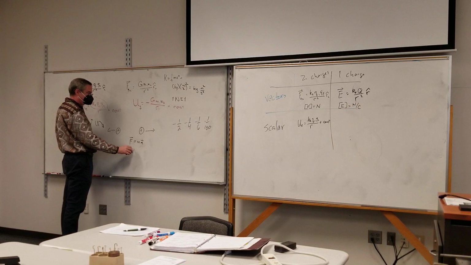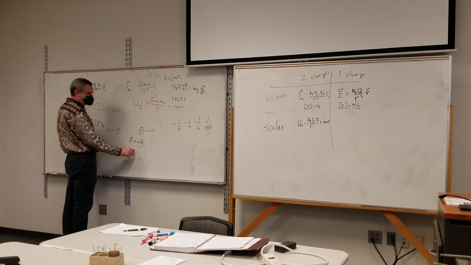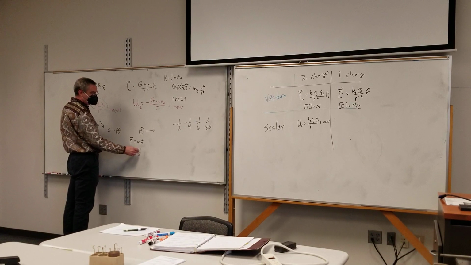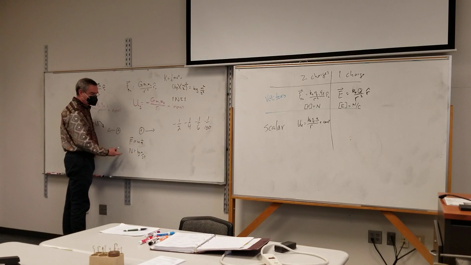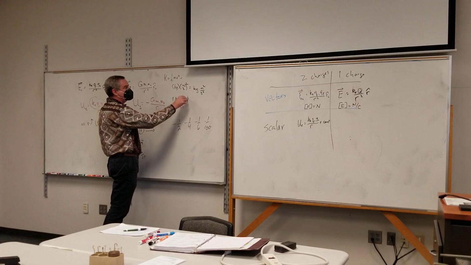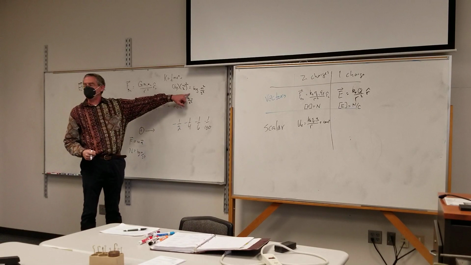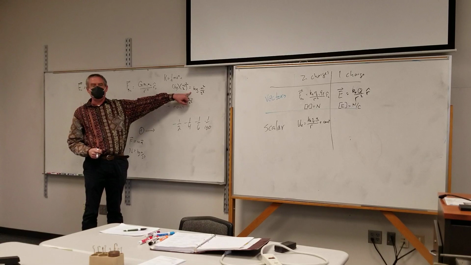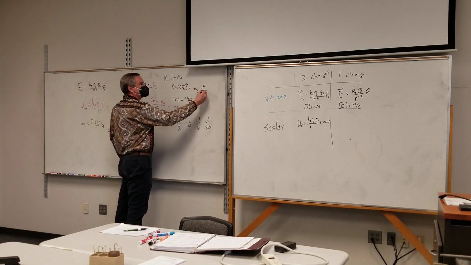So a Newton would be SI unit for mass, kilogram, SI unit for acceleration, meters per second squared. That's a Newton by definition. A kilogram meter per second squared. So it's almost the same as that, except this has an extra meter in it. So this right here is also a Newton meter.